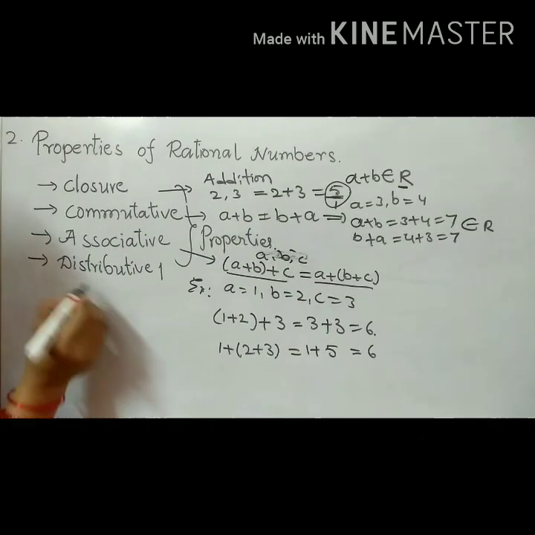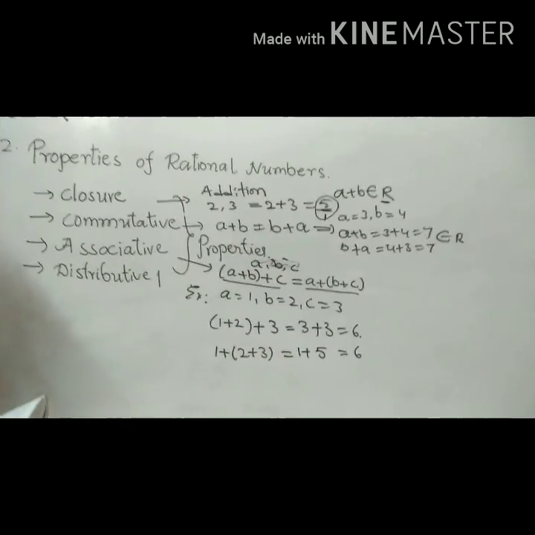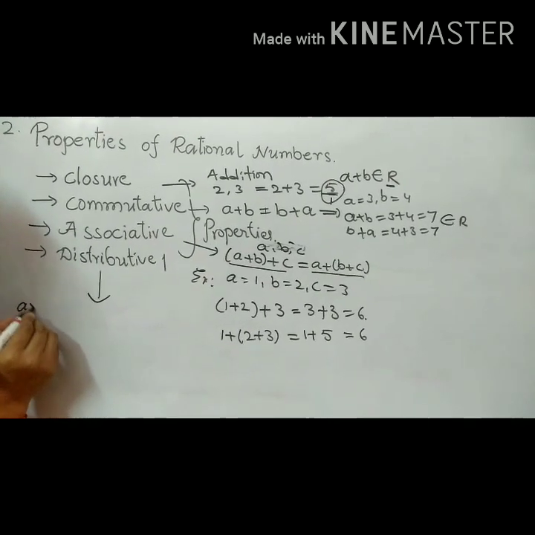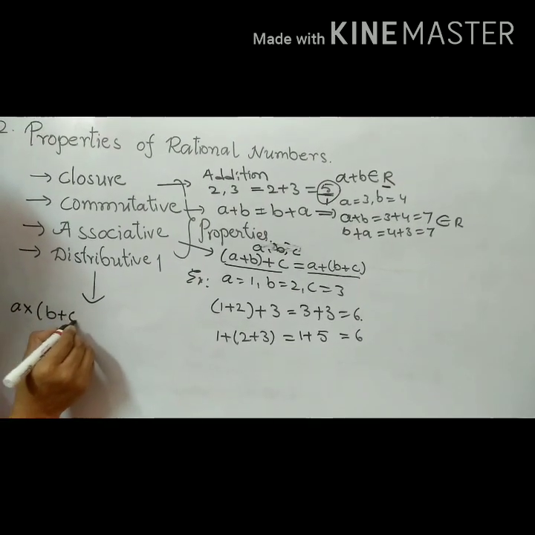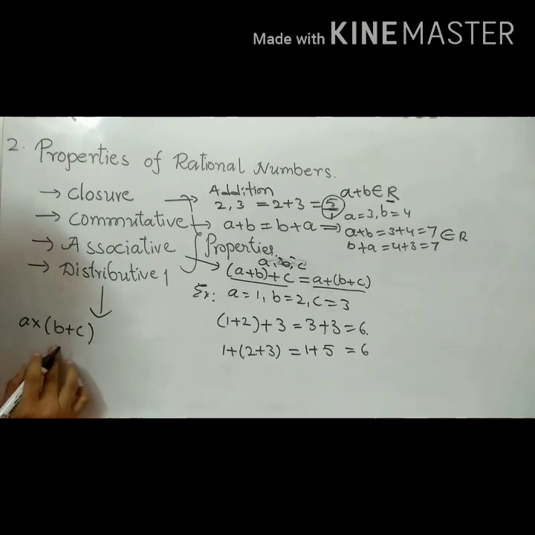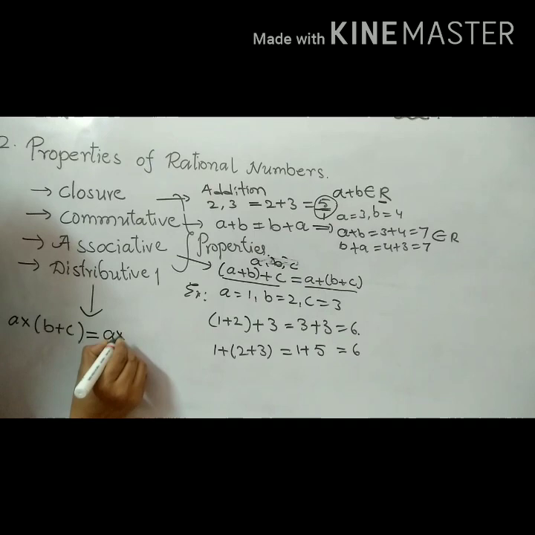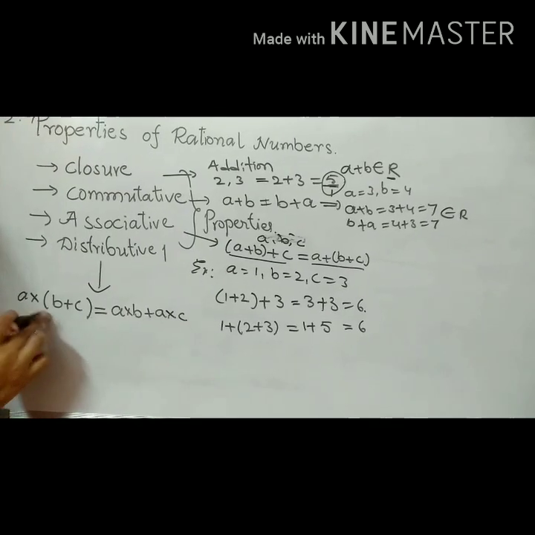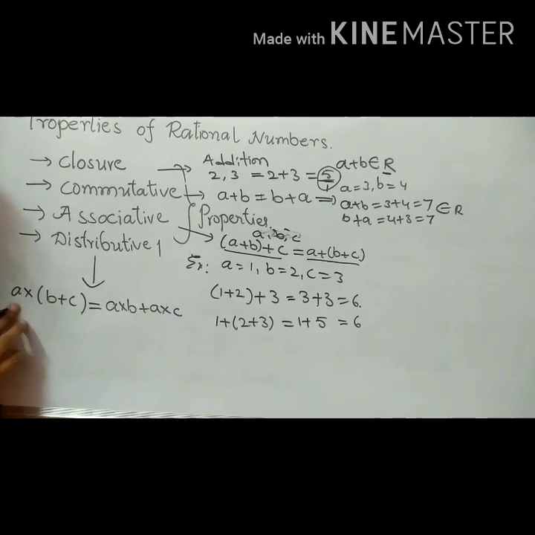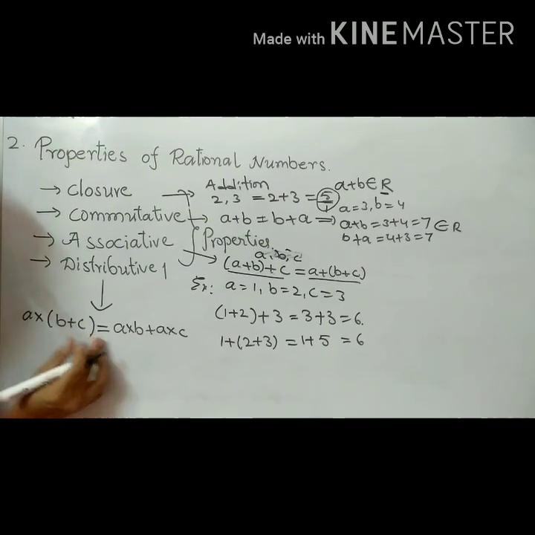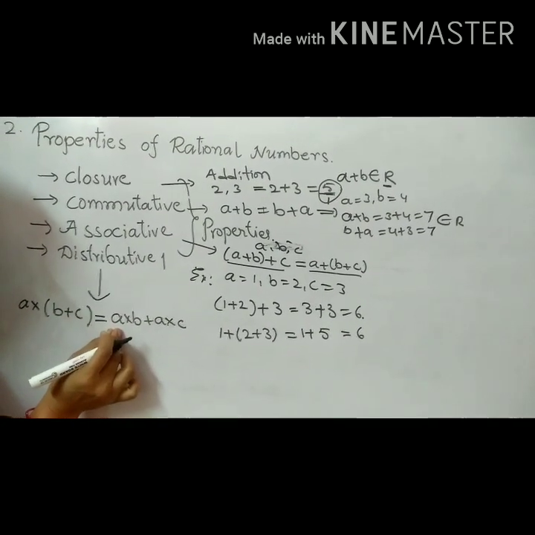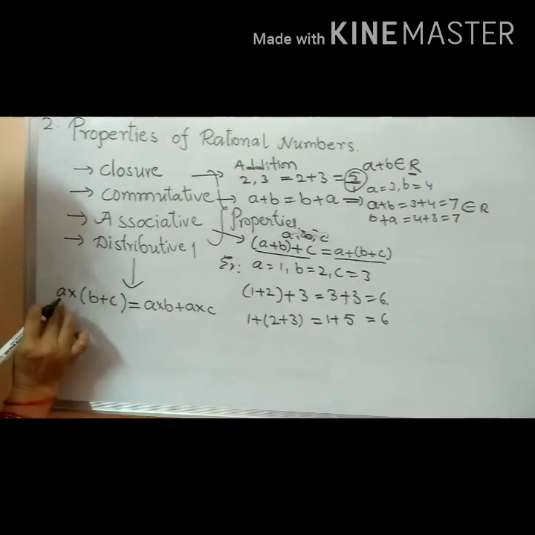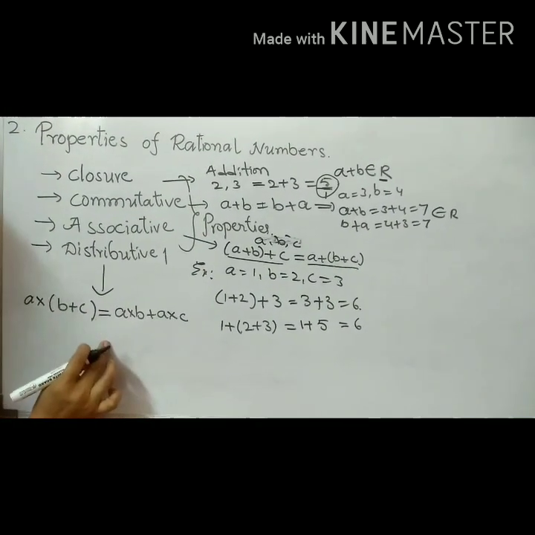Okay. Next, the distributive law. How do we write the distributive law? It is very easy. A into (B plus C). In the distributive law, A into (B plus C) is equal to A into B plus A into C. That is, multiply A with each and every term in the bracket: A into B plus A into C. So it is the distributive law.